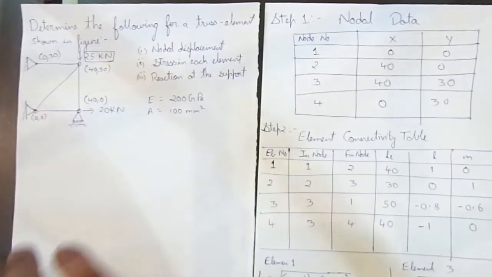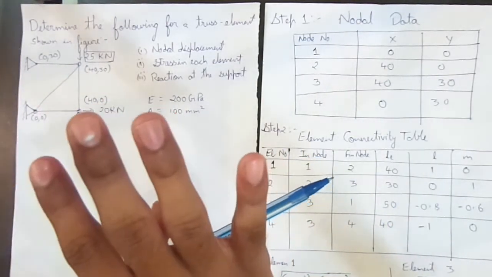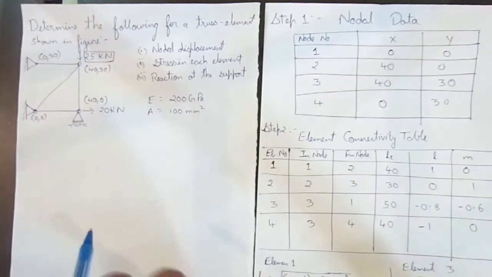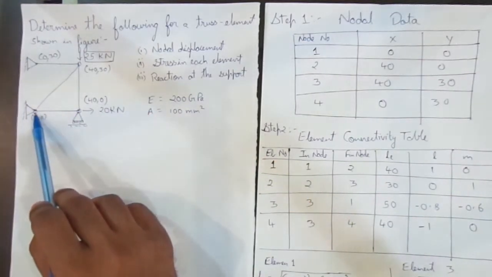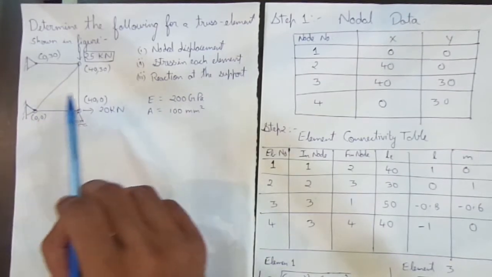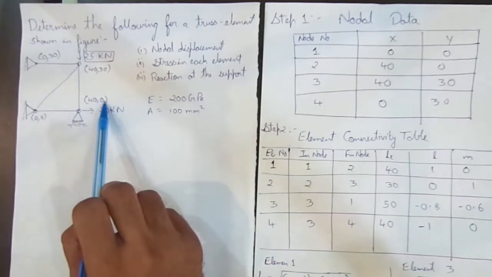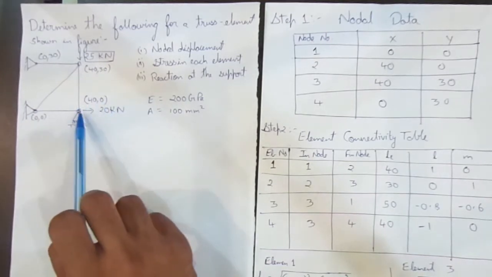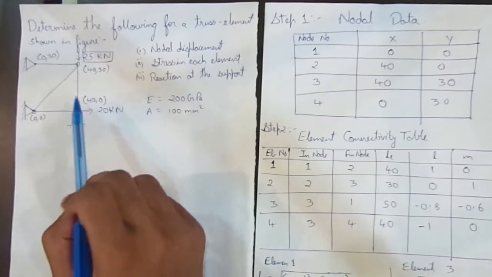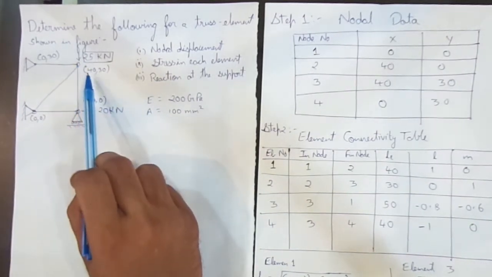So if four nodes are there, four coordinates will be there, right? So for each node, one coordinate. So I am assuming this, or they have told that this is your origin 0, 0. This is 40, 0. Now since this is a straight line, your y coordinate will be 0 and your x is 40, right? Now this is a vertical straight line. So on this point the coordinate is 40, 30.